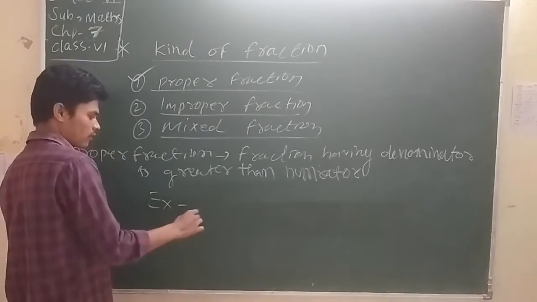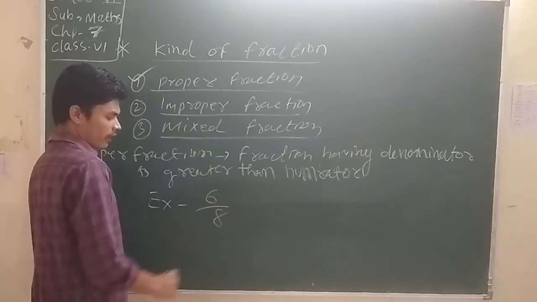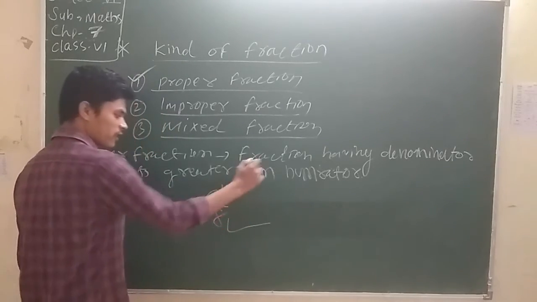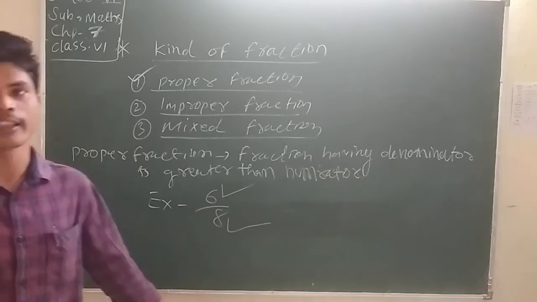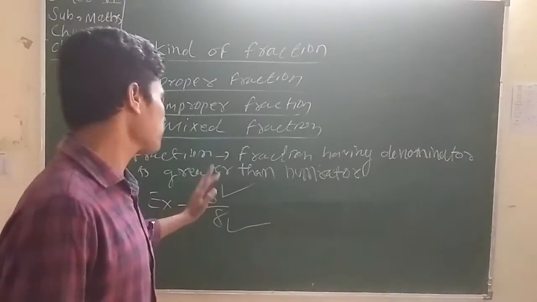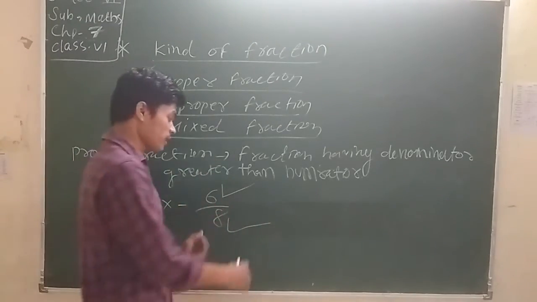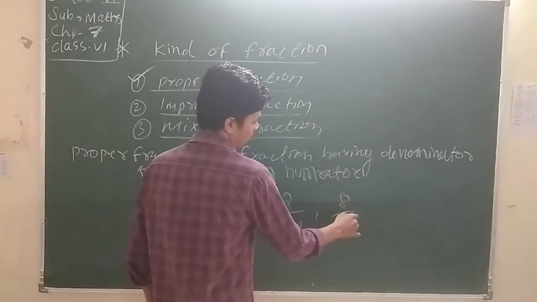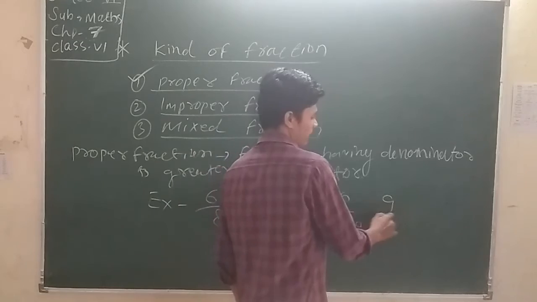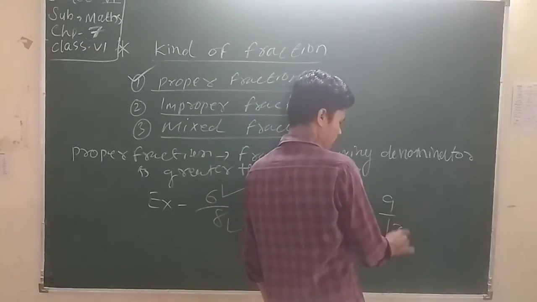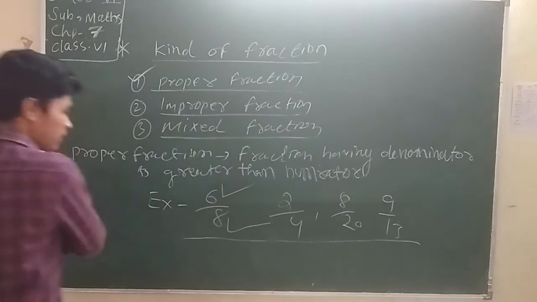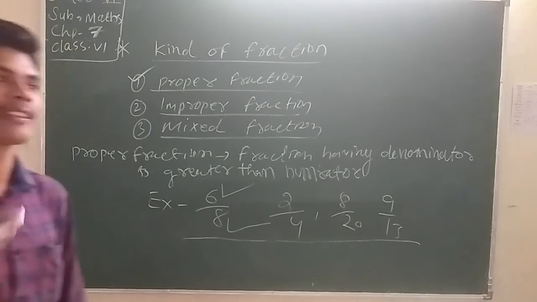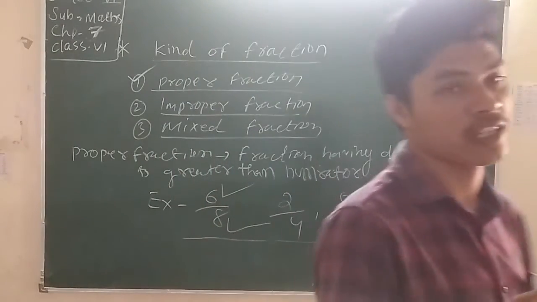Examples: 6 by 8. Here the denominator is 8, the numerator is 6. The denominator is greater than the numerator. That's why the fraction is called a proper fraction. Other examples are 2 by 4, 8 by 20, 9 by 13. These are examples of proper fractions. Proper fractions always have the denominator greater than the numerator.